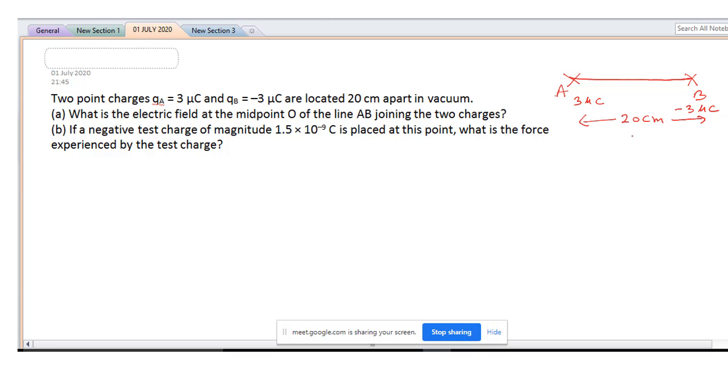Then what is the electric field at the midpoint O? Midpoint means this is the point O, and this distance is 10 centimeter and this distance is again 10 centimeter. Clear?